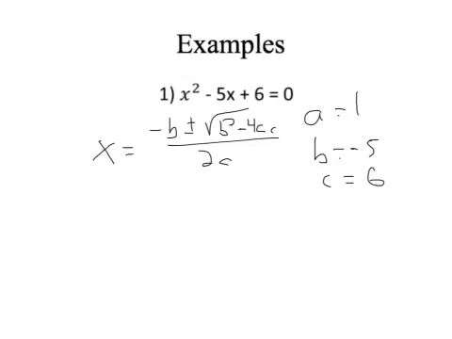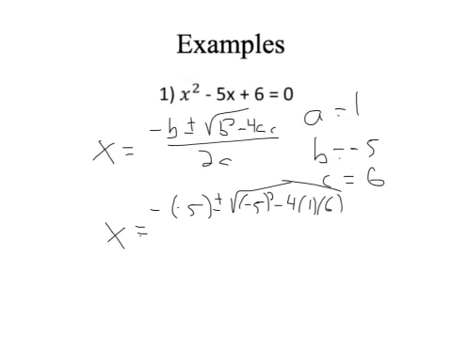So we just need to plug in the numbers now. Negative b, so negative stays in front, and then you put in negative 5, plus or minus the square root of negative 5 squared, minus 4 times 1 times 6, divided by 2 times 1. Then we just need to clean all of this up.